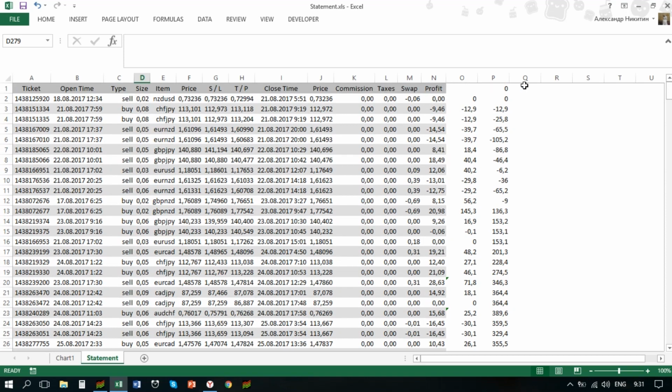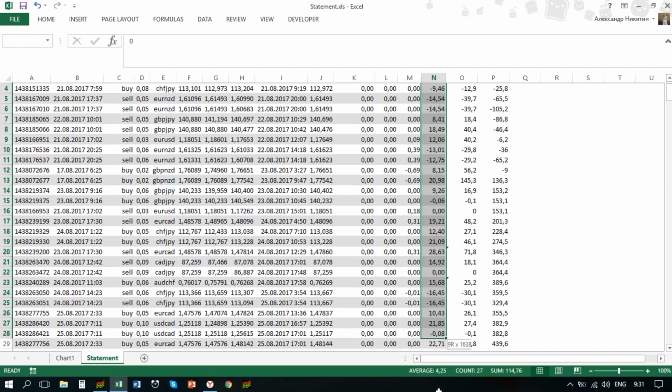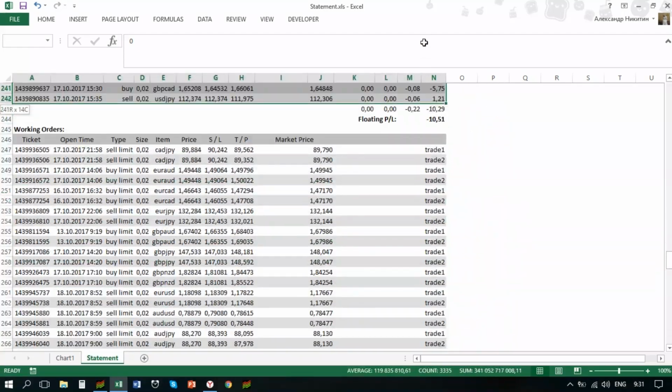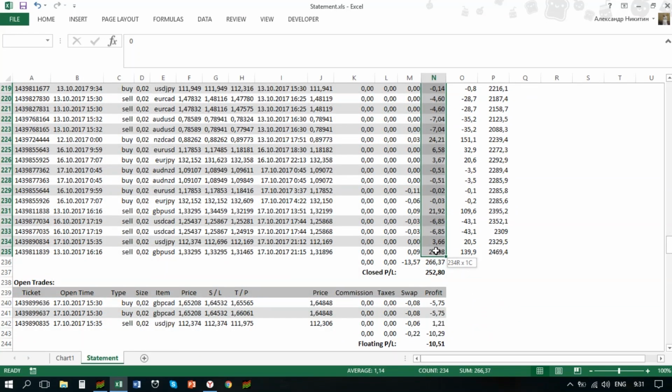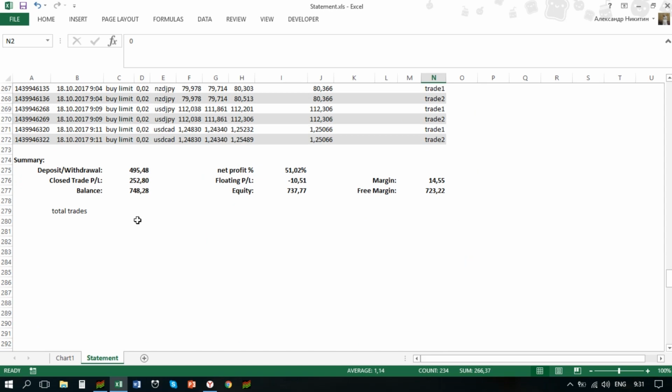This is the line. This is the first trade. Stretch that to the downside. Oh, not that much. Come on. This is the last trade. Yes, like this, and you can see the count, 234. I will just type that: 234.